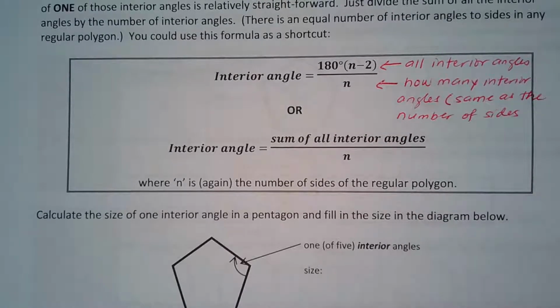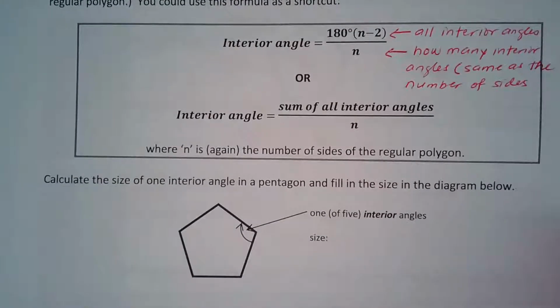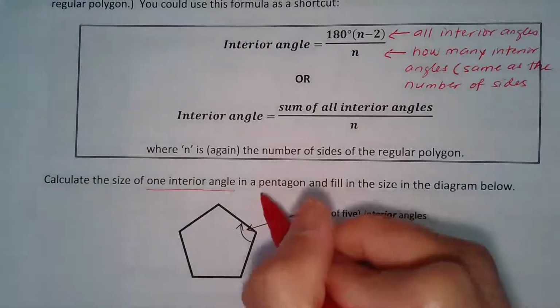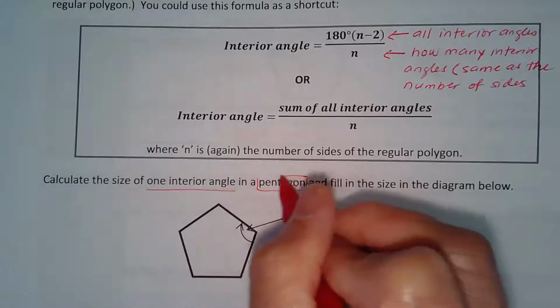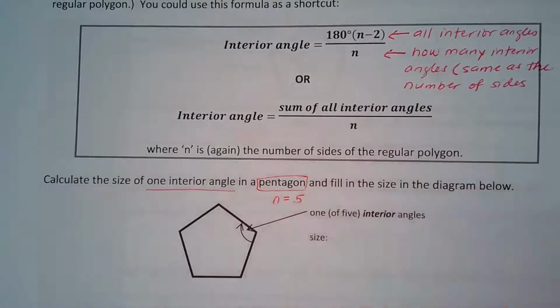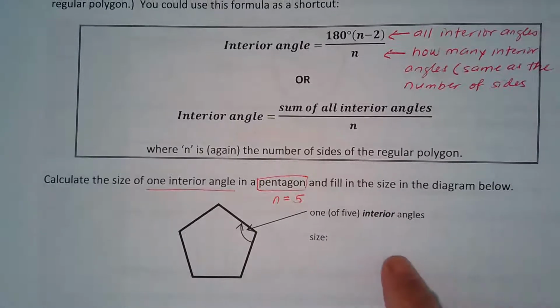So let's try to do that in here. So to find just one interior angle, again we're going to use a pentagon. So pentagon means n is equal to 5. That means there are 5 sides. So let's try that.